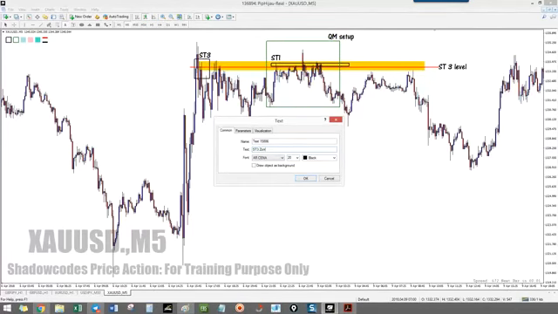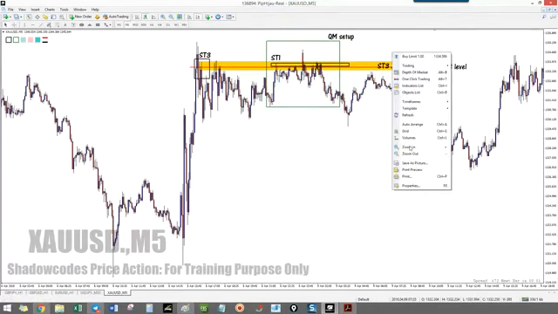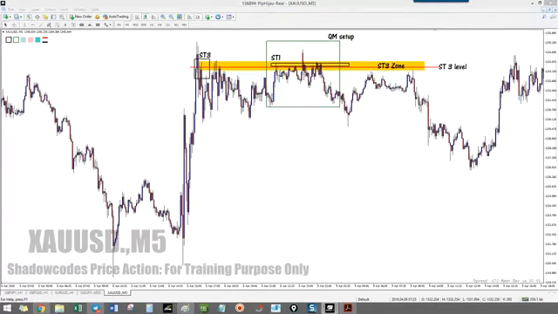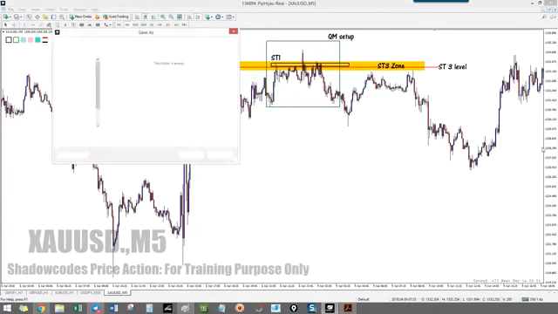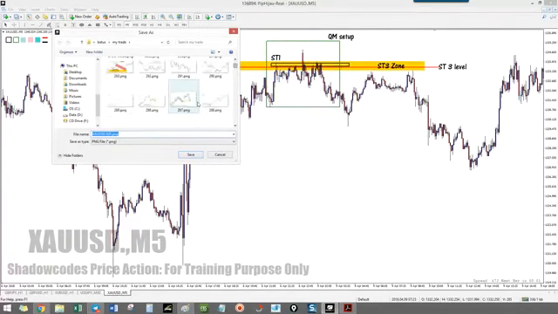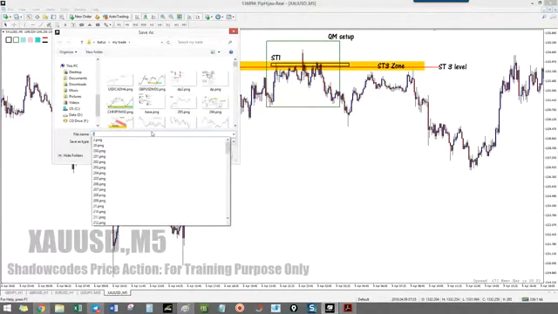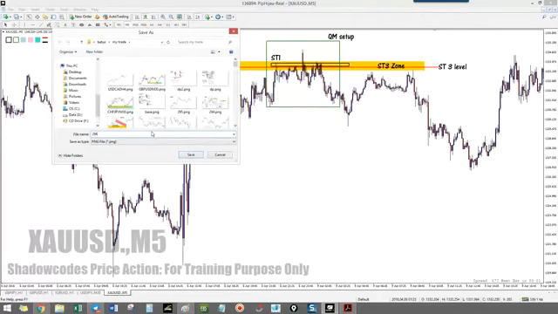ST3 zone. Good. Save as picture. Okay. 295, 296.